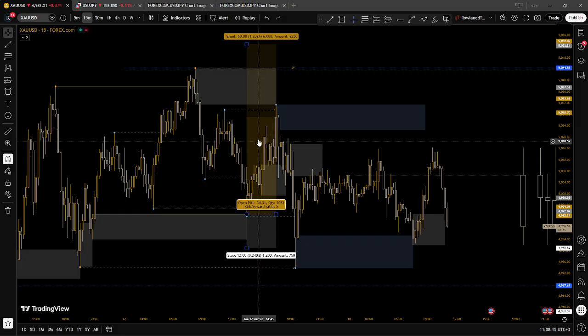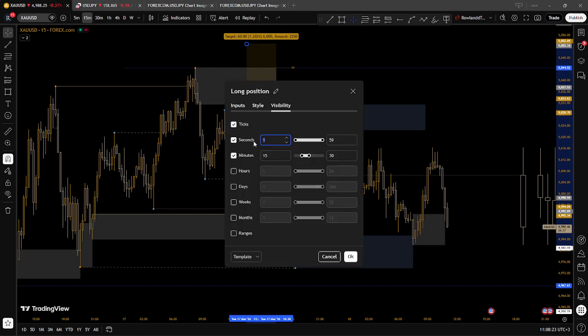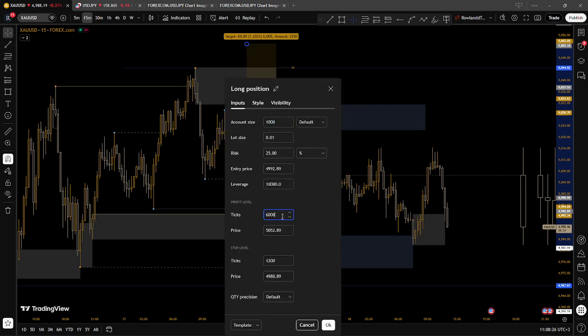Now, I usually go for 3R, but in this scenario, I was willing to extend my target a little bit further. And it actually cost me because I was floating $700 in profit when price got to 3R.